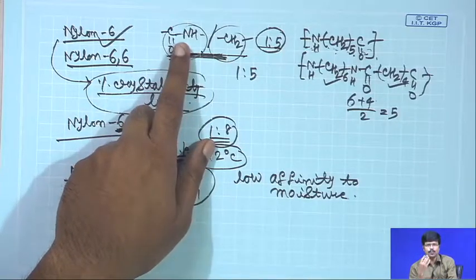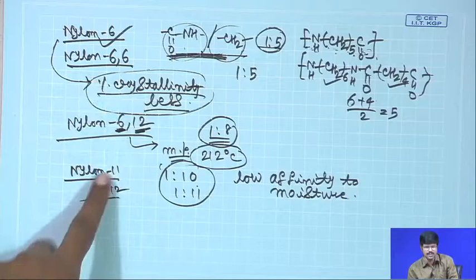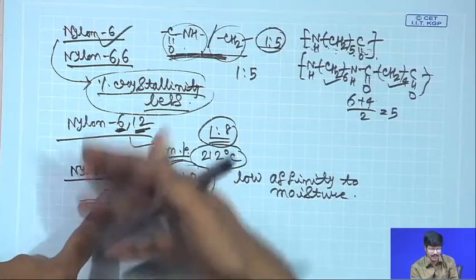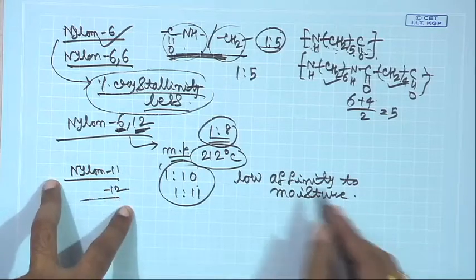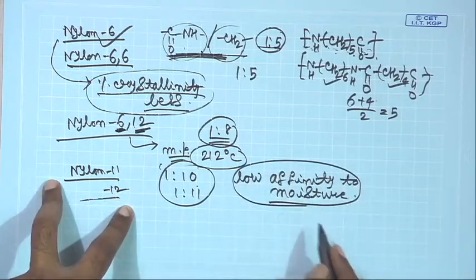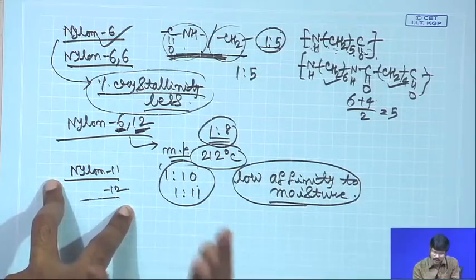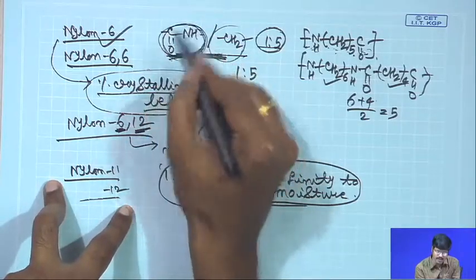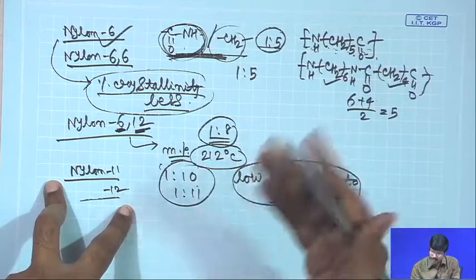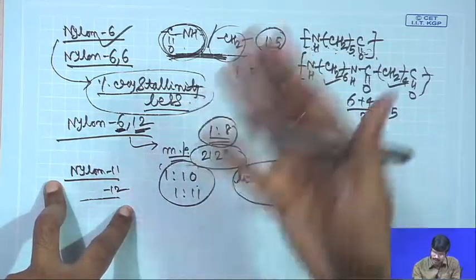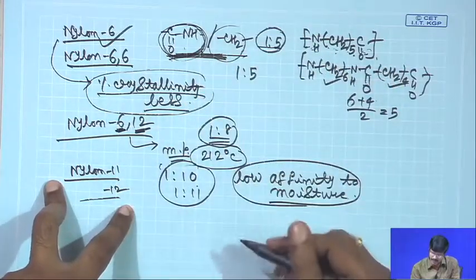So, if you have a lower proportion of this polar group, as you have seen in nylon 11 or nylon 12 with respect to say nylon 6,6, then your affinity towards moisture also will become lower. So, the more is the amount of this CONH unit, the more is the affinity towards taking up water, or a higher proportion of amide groups leads to higher water absorption. That is what I wanted to say.